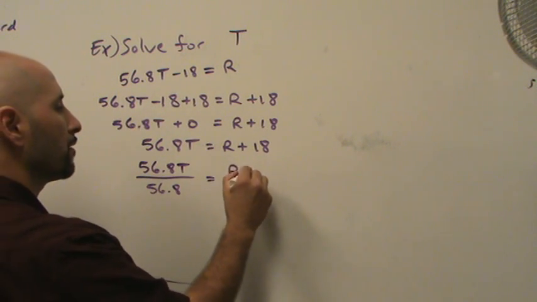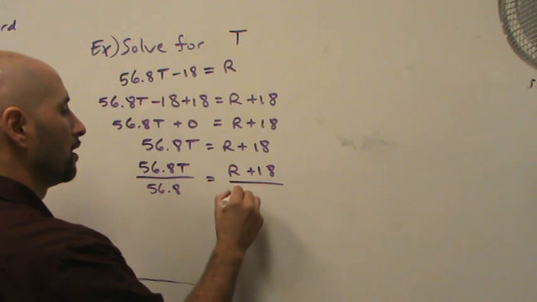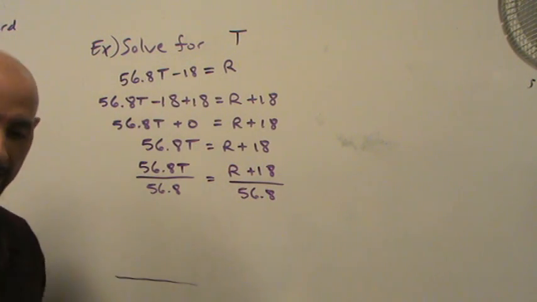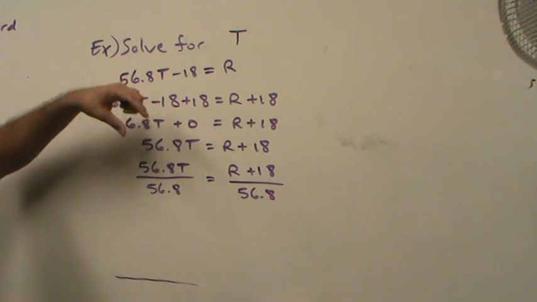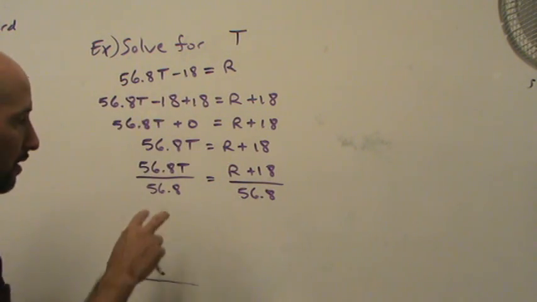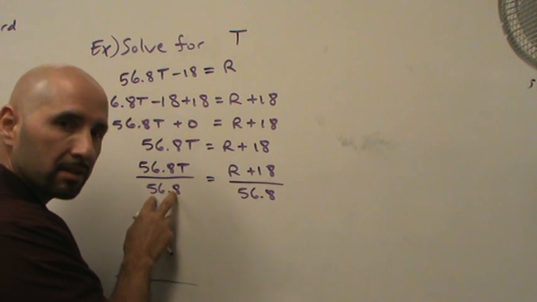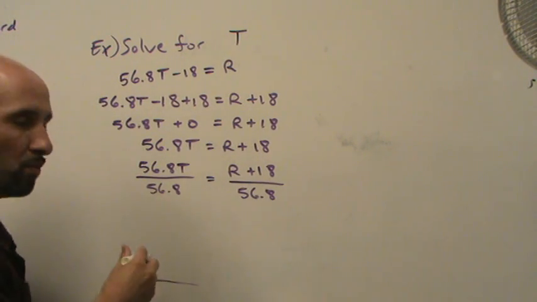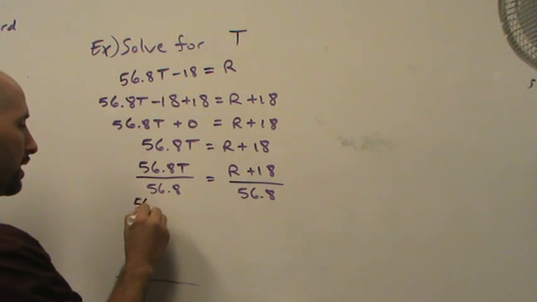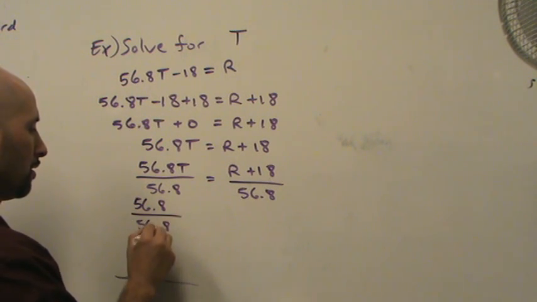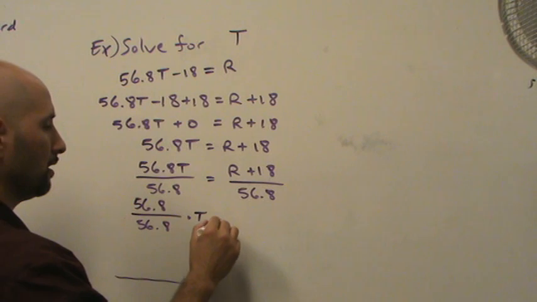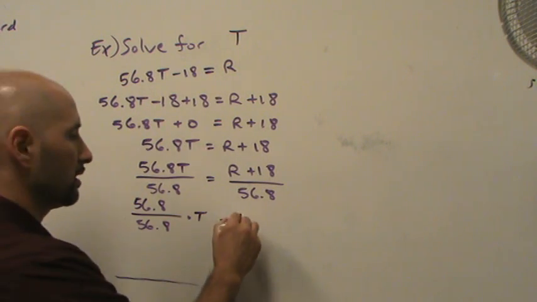So the entire right side by 56.8 as well. Okay, so from previous examples, hopefully you get the feeling now that that coefficient and that denominator will divide out to be 1. But I'm going to rewrite it, take an extra step. 56.8 over 56.8 times t equaling the right side.